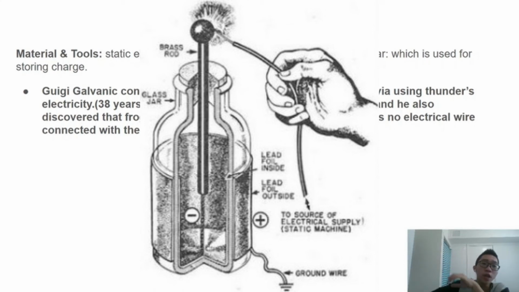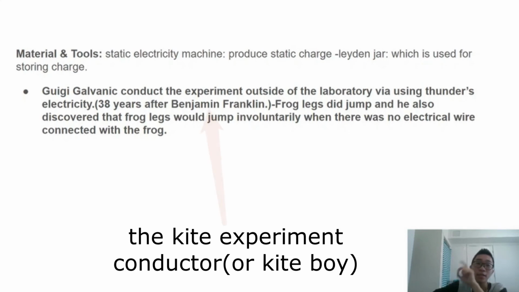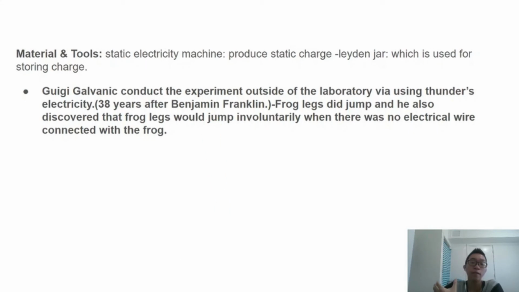Okay, Galvani conducted an experiment outside the laboratory by using thunder electricity, and that is actually 38 years after Benjamin Franklin's. And the frog leg did jump, and he also discovered that the frog leg would jump involuntarily when there was no electrical wire connected with the frog.